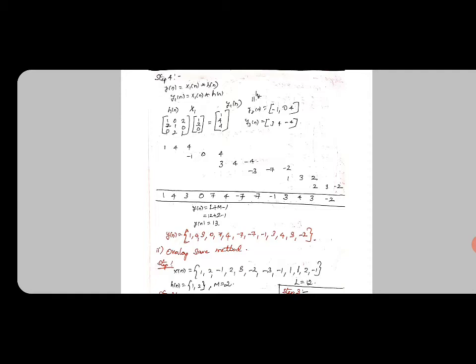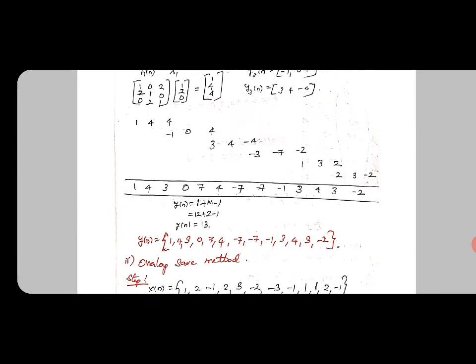We should know that the length of y of n is L plus m minus 1, which is 12 plus 2 minus 1, which is 13. So we can take the y of n values up to 13. The required overlap add output will be 13 values: 1, 4, 3, 0, 7, 4, minus 1, minus 1, minus 1, 3, 4, 3, minus 2.